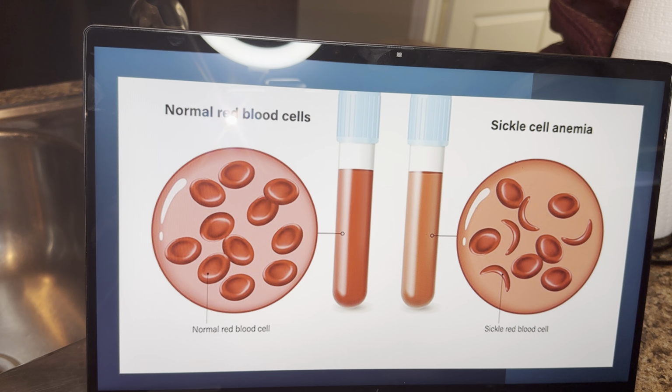The abnormal sickle red blood cells actually make easy flow through the vessels not possible. This leads to a great amount of complications for people who are dealing with sickle cell anemia, which I will go into further detail later in the presentation.